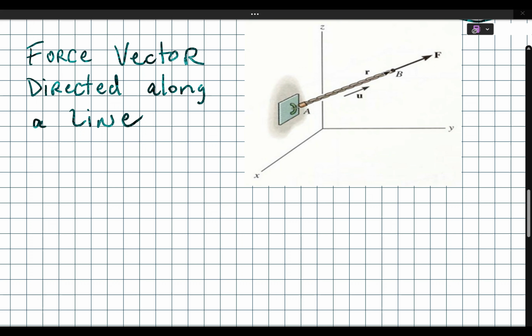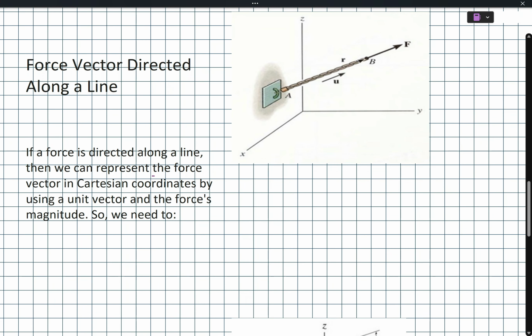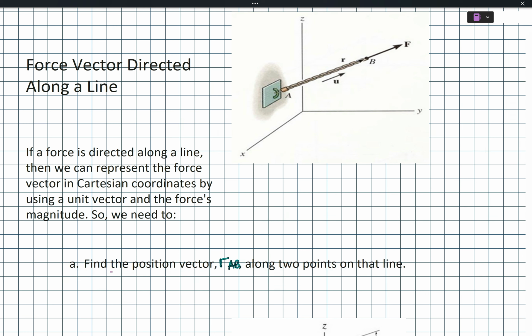Let's take a look at a force vector directed along a line. Then we can represent the force vector in Cartesian coordinates by using a unit vector and the force's magnitude. So to do this, here's what we need to do. Find the position vector r sub AB along 2 points on that line.